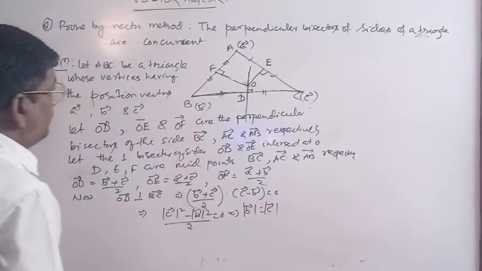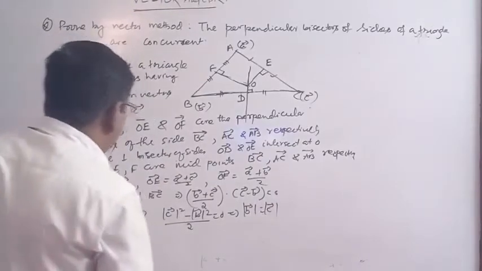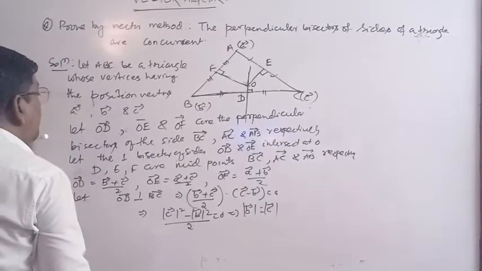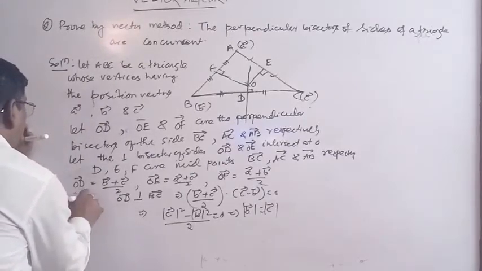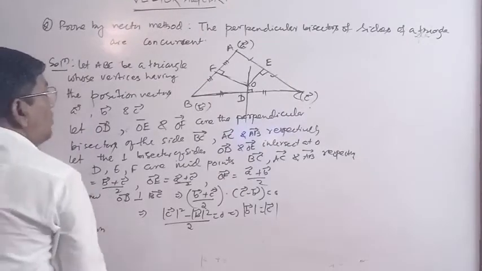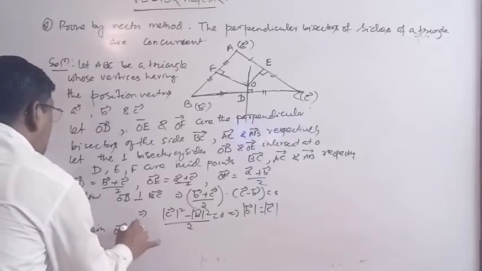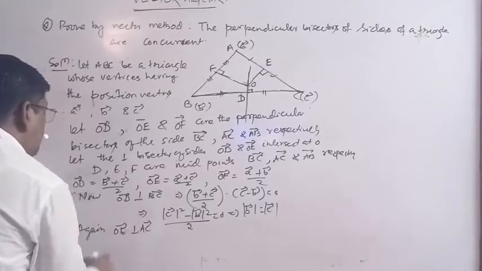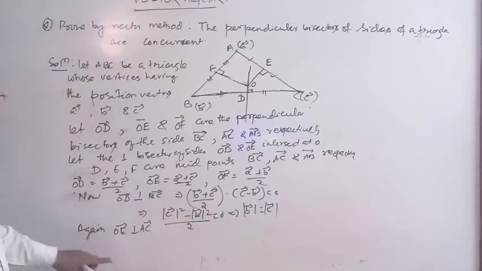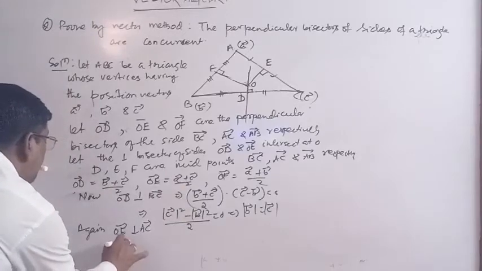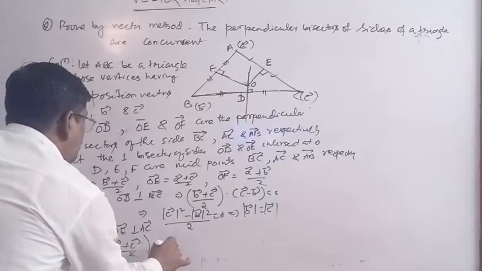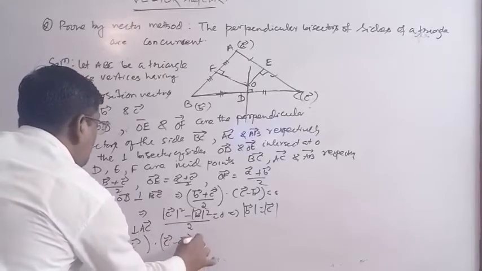Again, OE is perpendicular to AC. So the position vector of OE is A plus C by 2 dot C minus A by 2 is equal to 0.